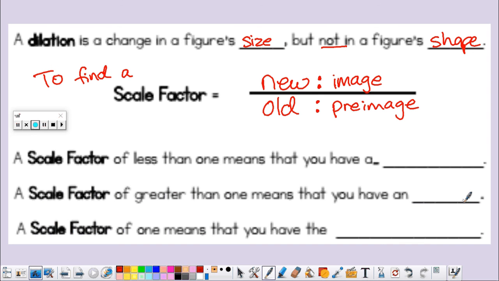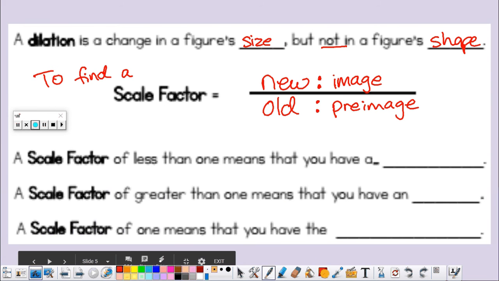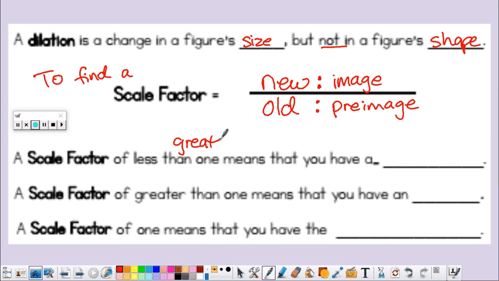So that means if I give you two shapes, I want you to find the scale factor itself. Now a scale factor of less than 1, and I want you to also add greater than 0. If a number is greater than 0, what does that tell you? It has to be positive. So we want a positive number that is less than 1. Okay, if a number is less than 1, what does that tell you?